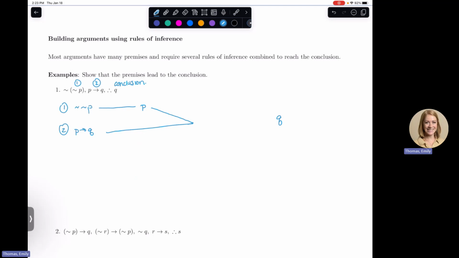P implies Q and P. That's one of your big two. This is modus ponens. So this is negation. This gives you your Q. And you're done.